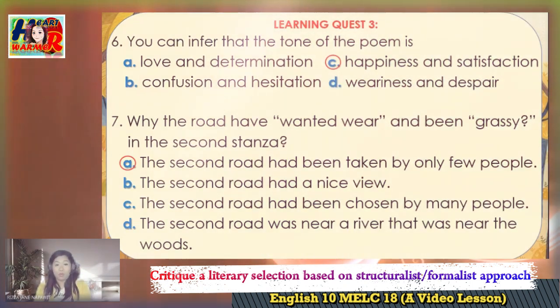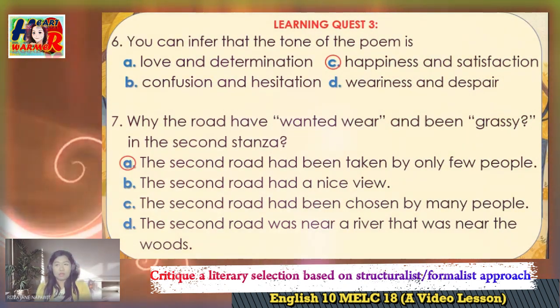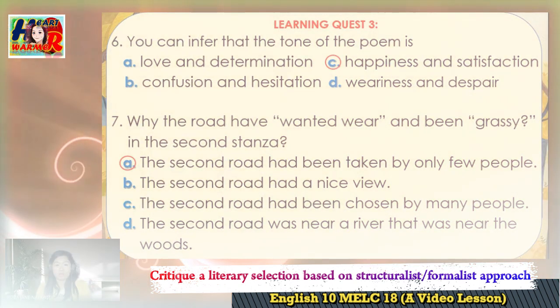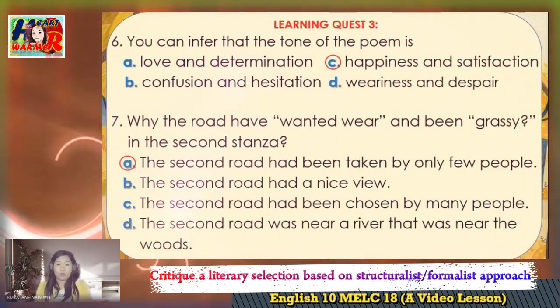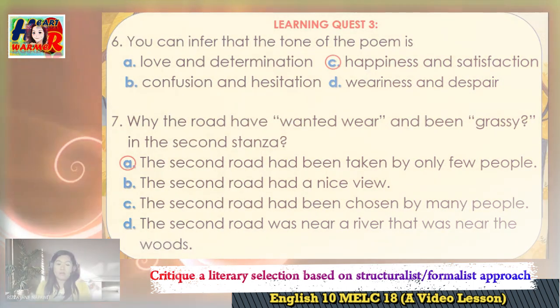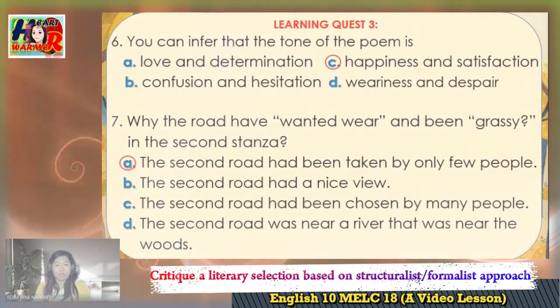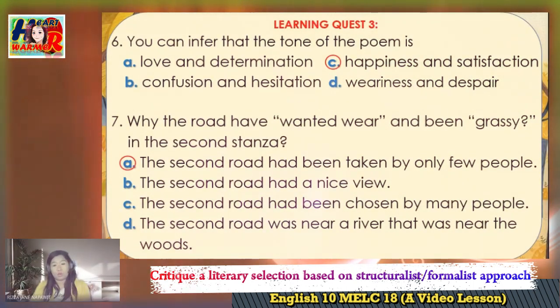Wanting wear means to say that it's not yet worn out. At the same time, grassy because there are only few who step on that kind of road. So that's why grass started growing or continuously grows.